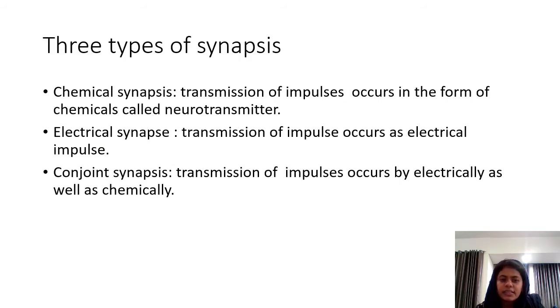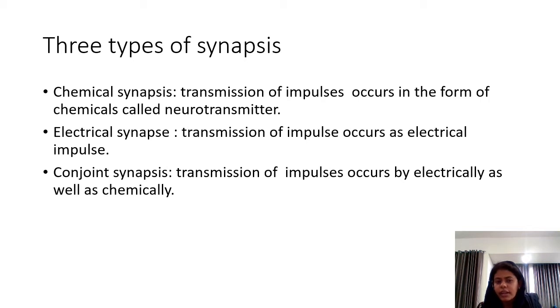Three types of synapses are there: chemical synapses, electrical synapses, and conjoined synapses. Chemical synapses means here the transmission of impulses occurs in the form of chemicals. These chemicals are called neurotransmitters. And electrical synapses, here the transmission of impulse occurs as electrical impulse.